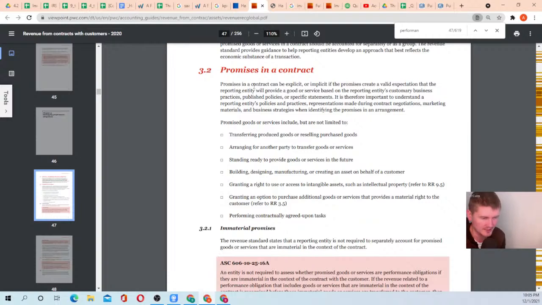However, based on the entity's public statements, or the entity's promises during the negotiation, or the entity's customary business practice, you might want to account for some more promises than you actually see in the contract. So you need to know the context.